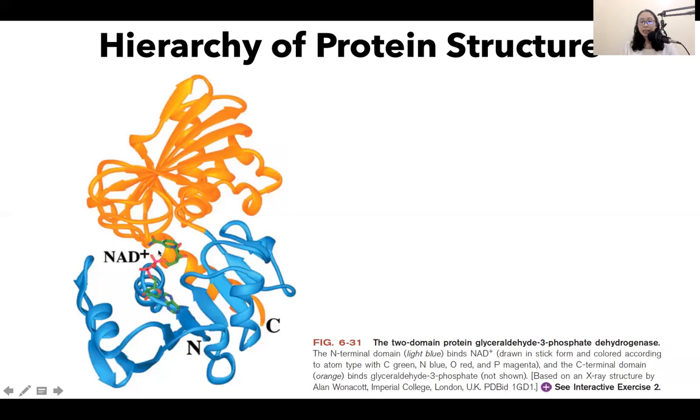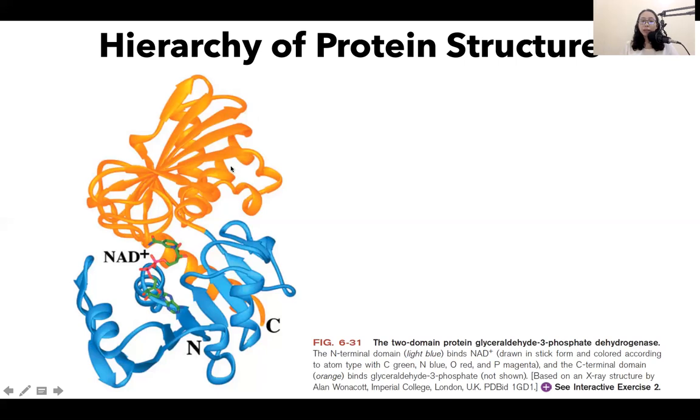So this is a glyceraldehyde 3-phosphate dehydrogenase, an enzyme that is important in glycolysis. So if you notice in this three-dimensional model, you have two colors. It doesn't mean that you have two distinct polypeptide chains. This is one polypeptide chain. The two colors just tell us that there are two domains in this protein.